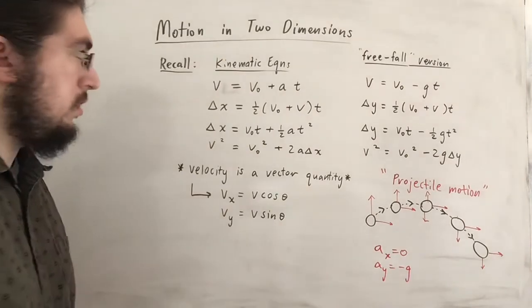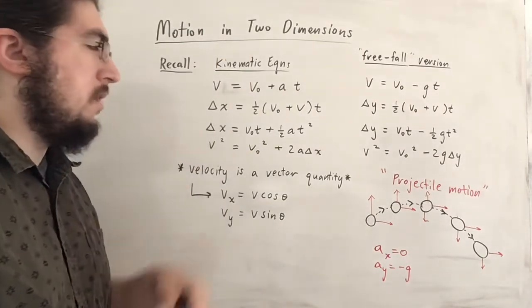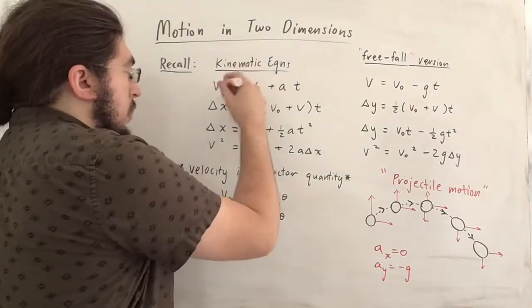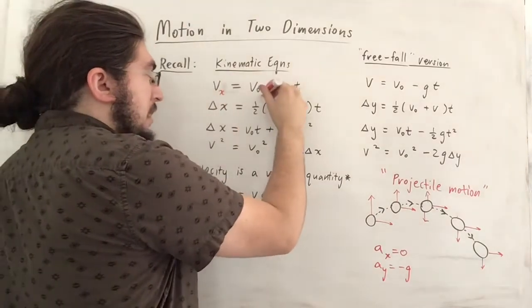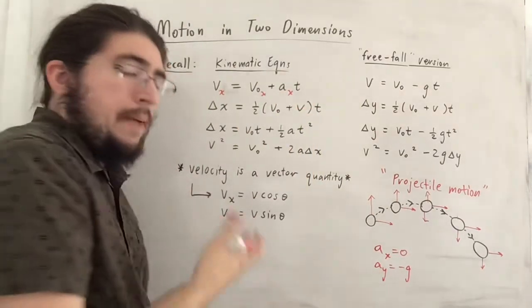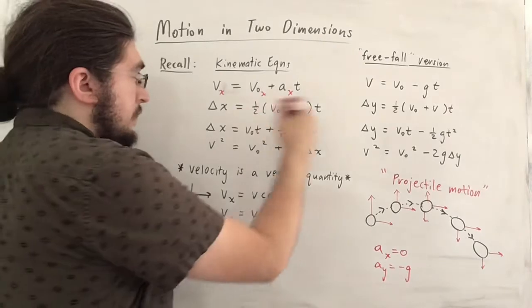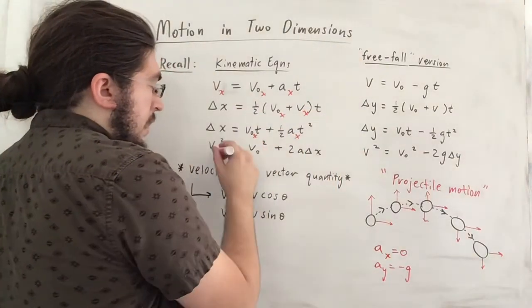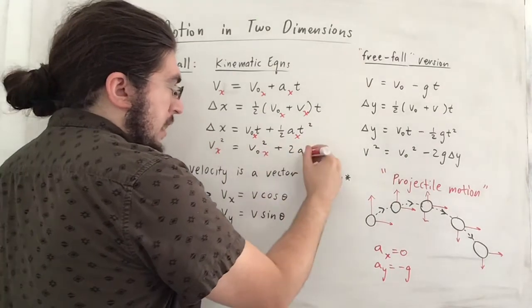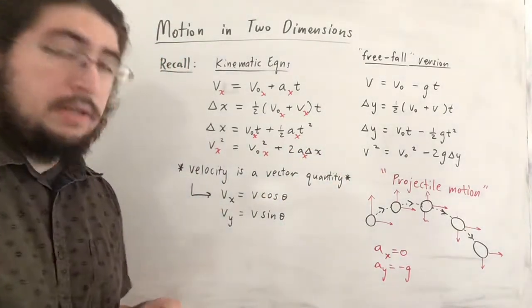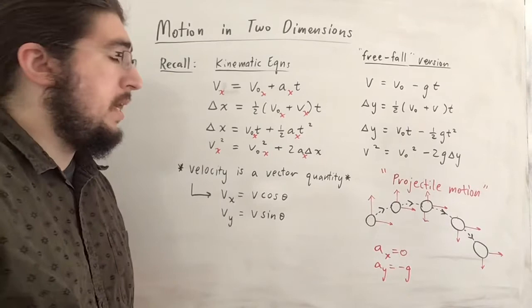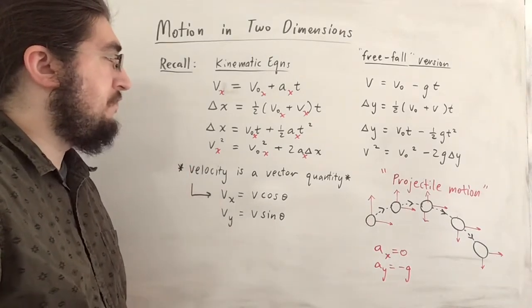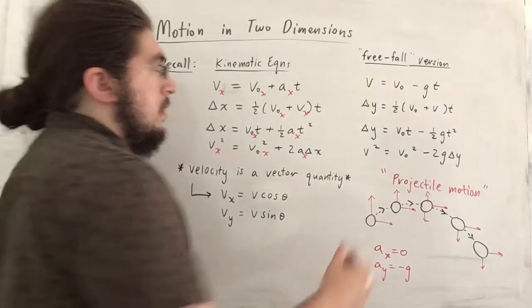For the horizontal version first, we're going to subscript everything with x's except for t, because time, as it turns out, is independent of direction. That kind of makes sense. Delta x would be the horizontal component for displacement, whereas delta y would be the vertical component of displacement.